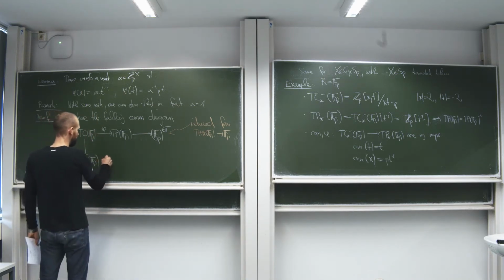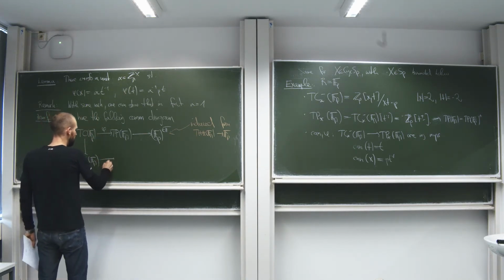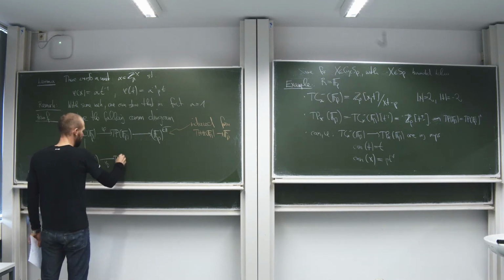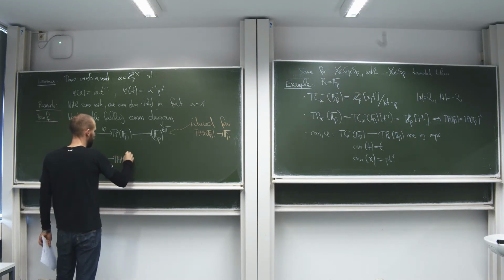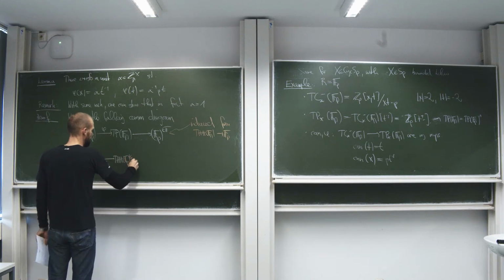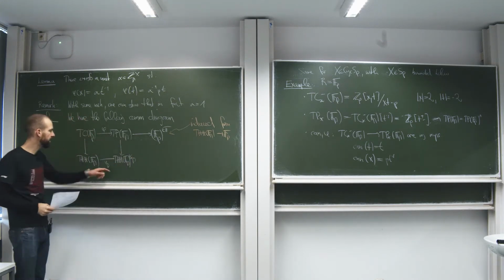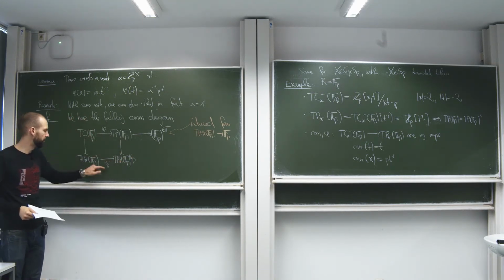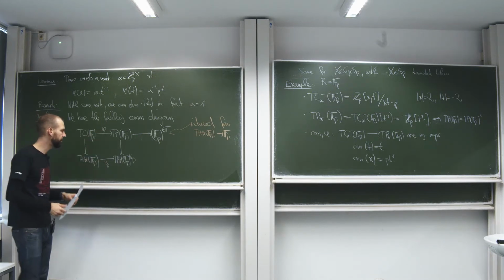And of course, by construction, we can put this here, Tate C_p, because as we said, the upper one is just the homotopy fixed points of the lower row, and even the map is just the homotopy fixed points.